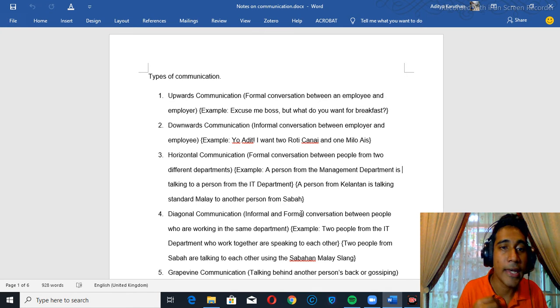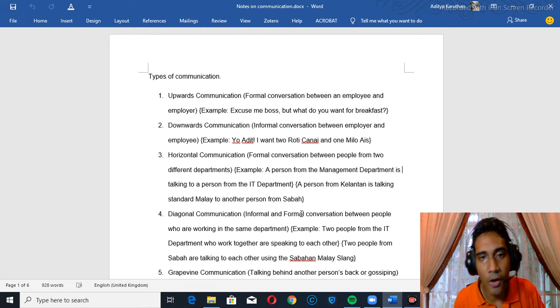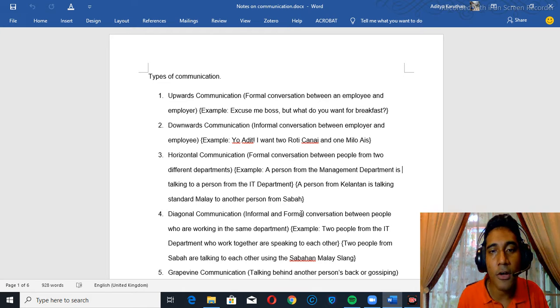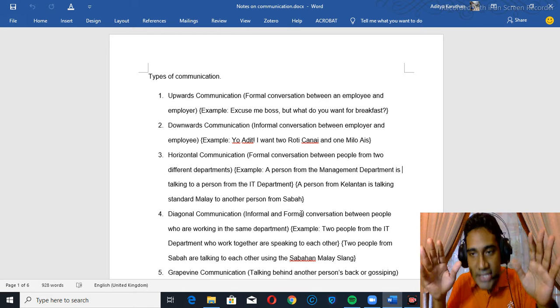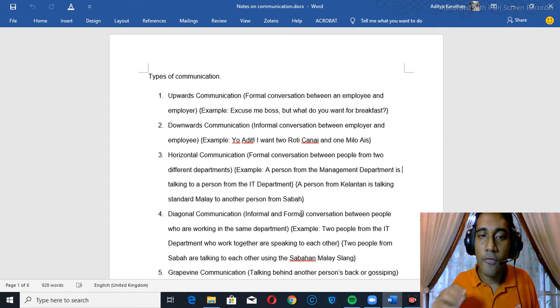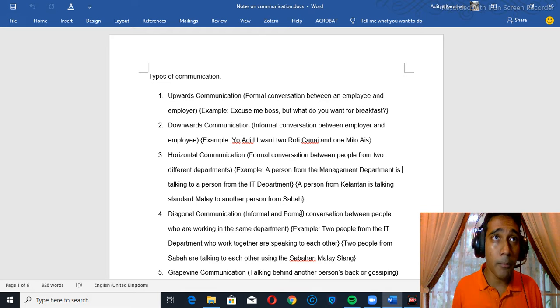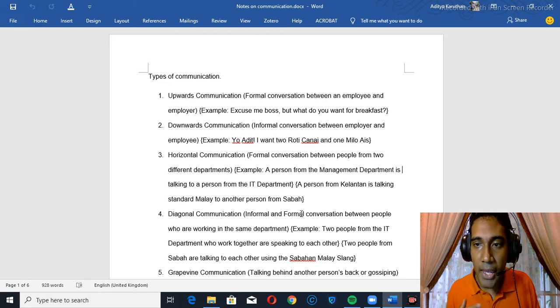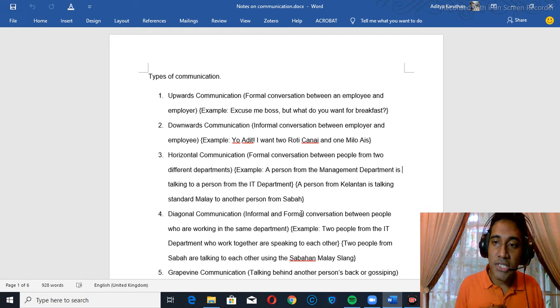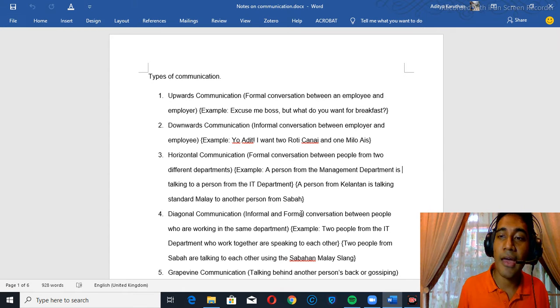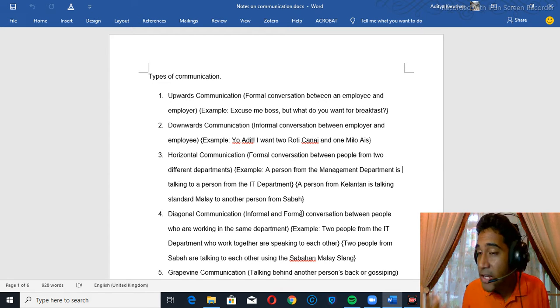Number 4, diagonal communication. Diagonal communication can be formal or informal. It is conversation with people who are working in the same department. For example, my friend Achang and I are both from the IT department. We share the same experiences, the same jokes, the same lingo.